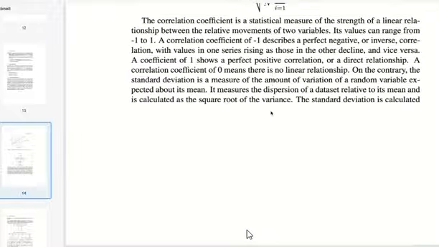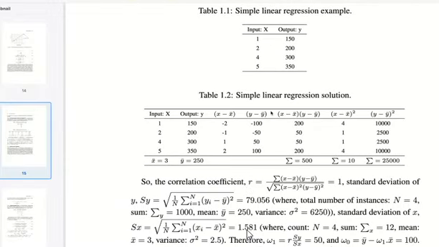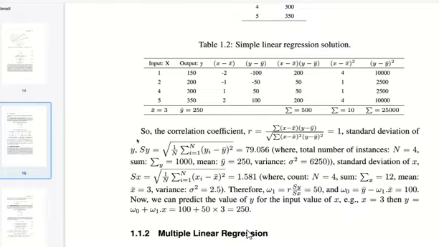After this, we saw an example. This was the first example, table 1.1. In the example, we have input and output, x and y, where x is the independent variable and y is the dependent variable. Here in table 2, we calculate some other things like x minus x bar, y minus y bar, x minus x bar times y minus y bar, x minus x bar squared, y minus y bar squared, and their sum.